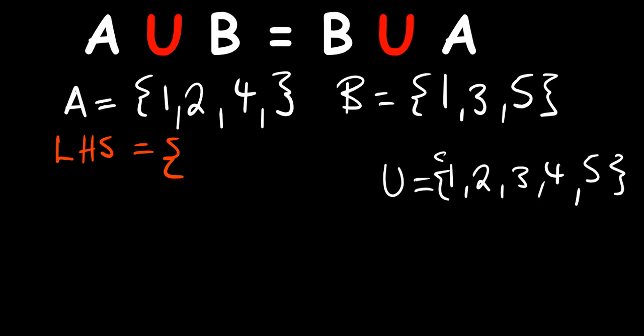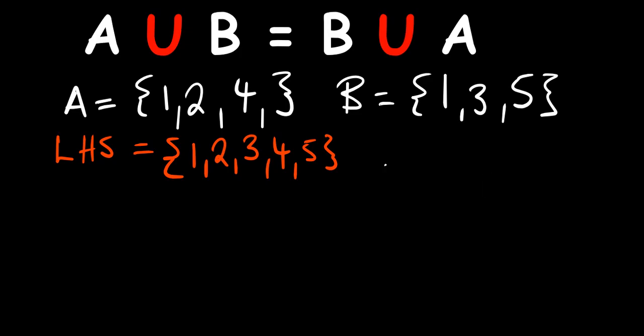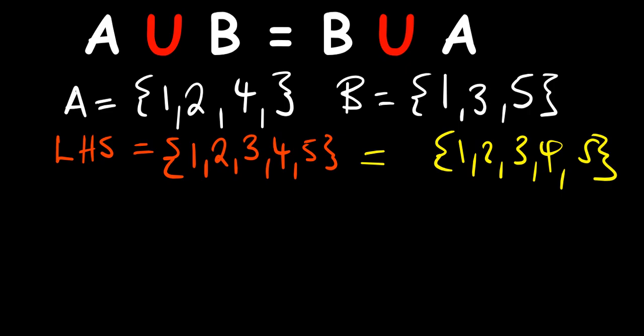So 1, we write it. 2, we write it. 3, 4, and 5, we write them. This is the left hand side. What about the right hand side? It is still the same: 1, 2, 3, 4, and 5. So this is how you prove the commutative laws.